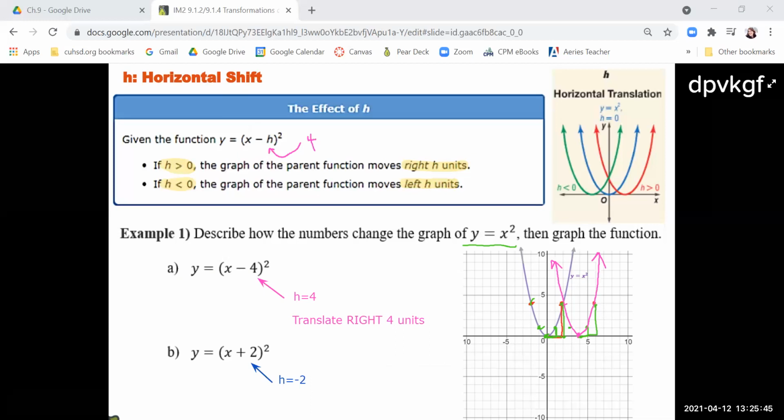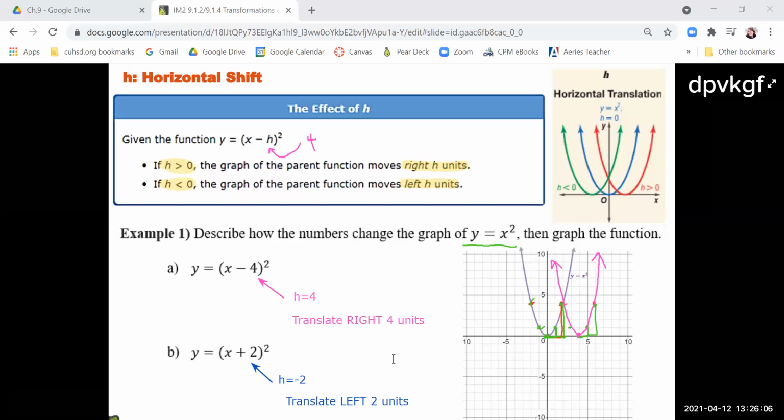So the sign gets changed. So we have an H of -2, which tells us to translate left 2 units. So just to recap, if you see a minus in there, you move right. If you see a plus in there, you move left. It's like the opposite of what you think.